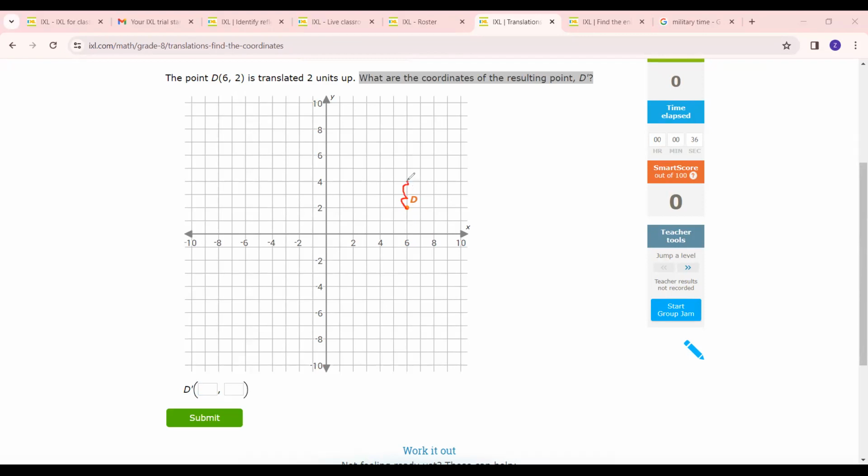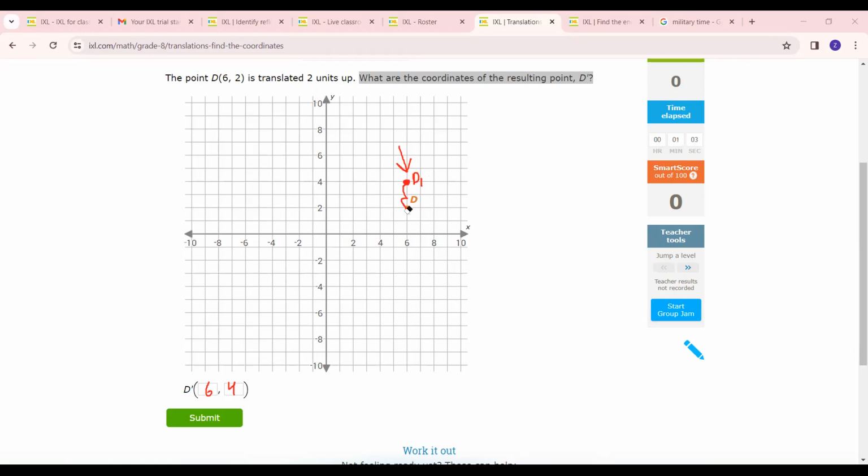So that's just going to be this one. So what are the coordinates of D1, the new point? 6, 4. 6, 4. You all understand that? Or do I need to explain that again? Yes, sir, I understand.